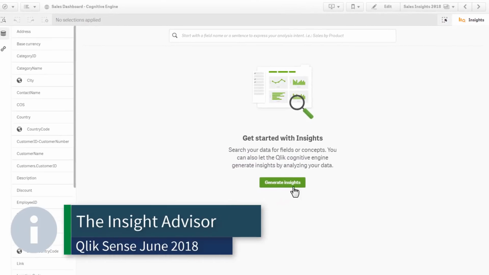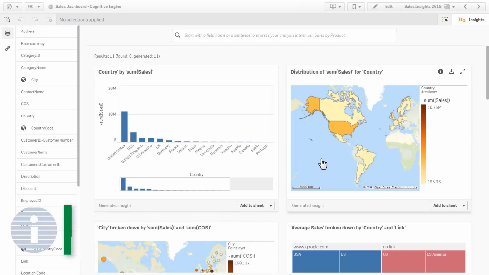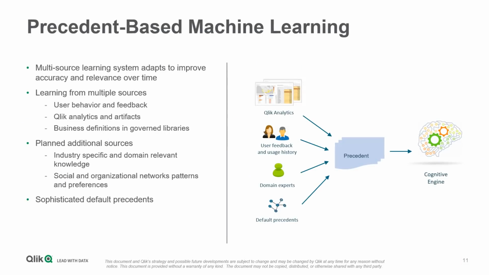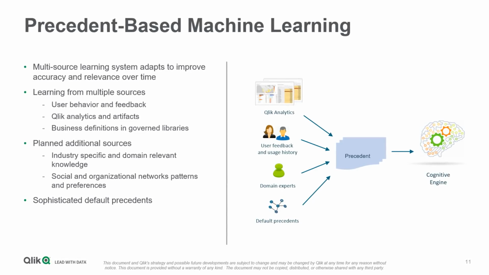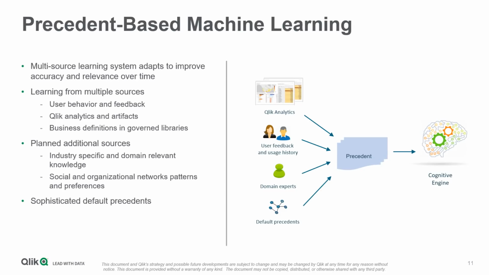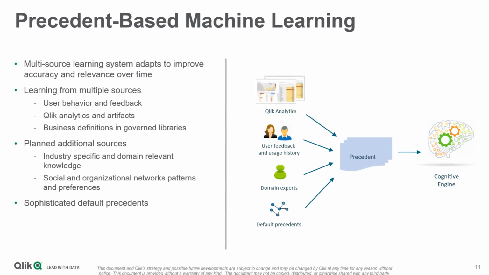Next, we are committed to improving the Insight Advisor since we introduced it in Qlik Sense June 2018, and this release is no exception. In Qlik Sense November 2018, we have added pattern and application machine learning capabilities to the cognitive engine that learn from the user's interactions with the product.